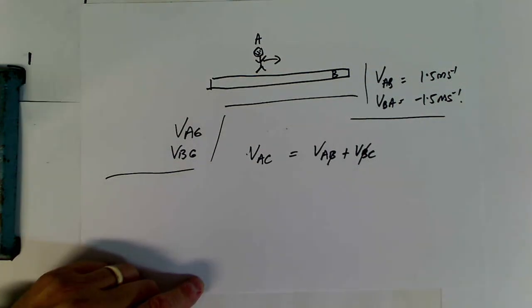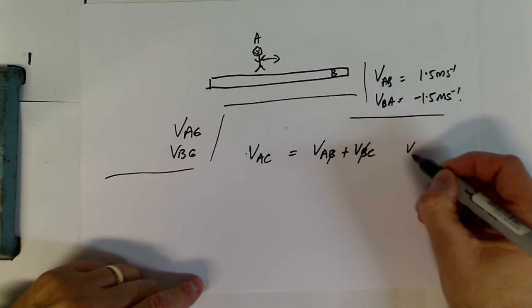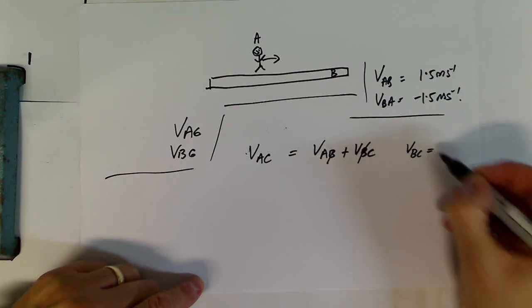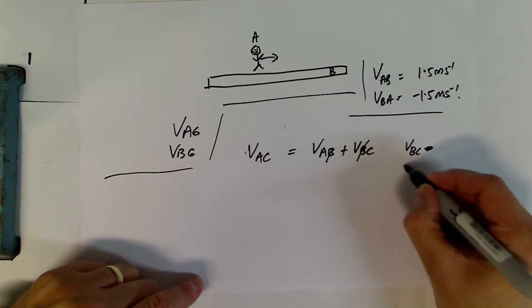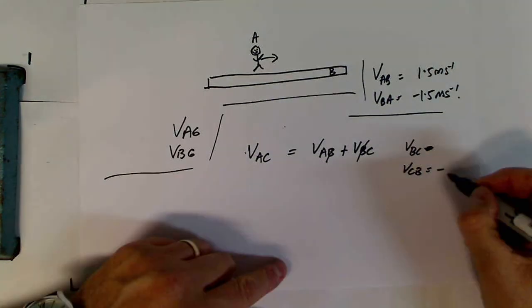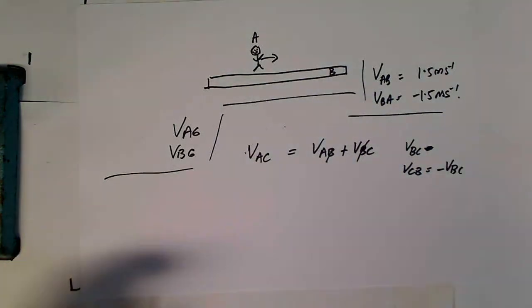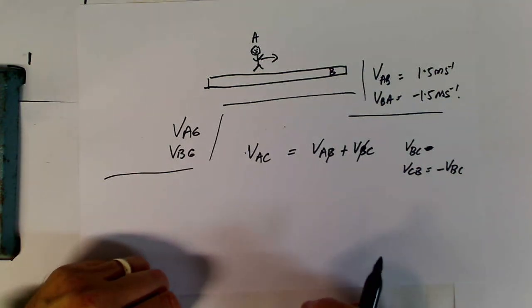And if you combine that with the other rule we already had, that if you have VBC, then VCB is equal to negative VBC. If you turn the letters around, you just put a negative on it and all is okay.